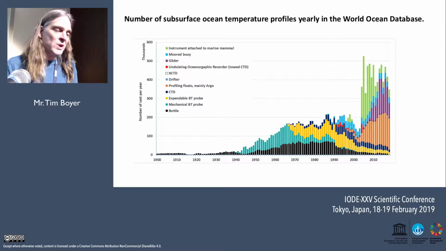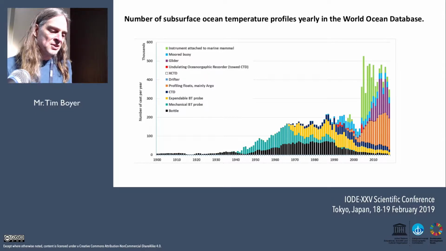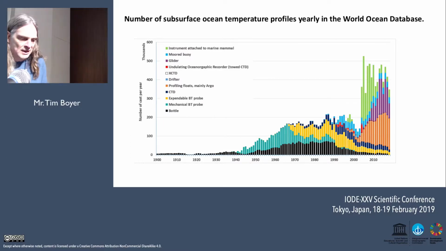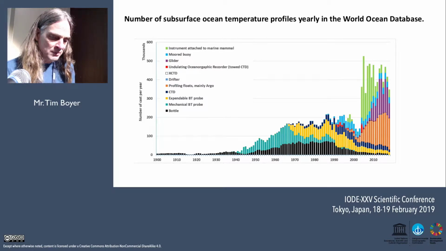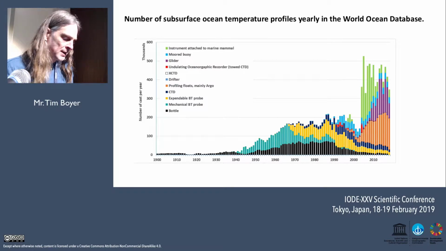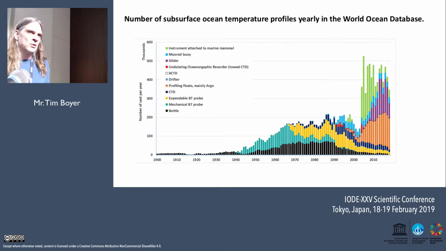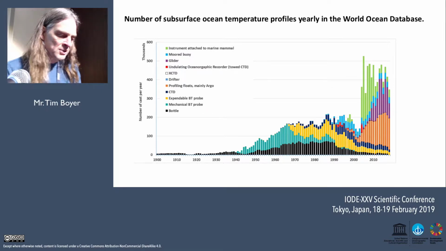So what we need is a data set for the subsurface ocean profile data. And this is a diagram. This is years from 1900 to the present, and to 2018, actually not quite the present, and the number of oceanographic casts, sets of profiles that have been taken with all the different instrumentations.